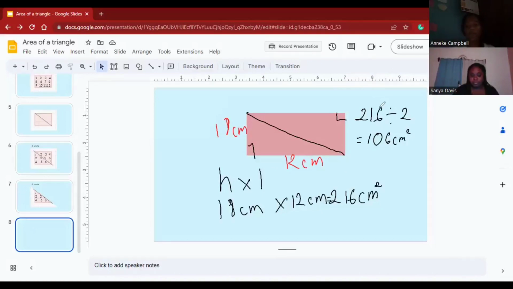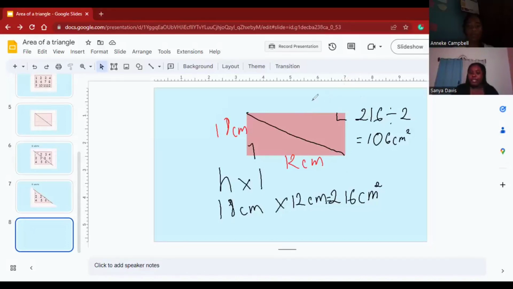Very good. But do you believe your answer is correct? All right, let's check and see. Remember, I said that the sum of the areas of two right-angle triangles will give me the area of the rectangle.